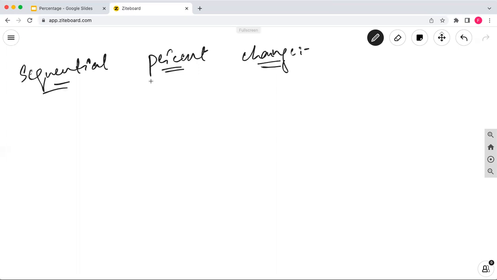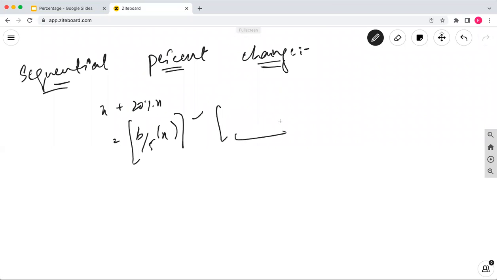For example, let's suppose x, and at first I'm increasing this by 20%, so this will be 6 by 5 of x. Now I am again increasing this result by another 20%, right? So the idea is that we are increasing or decreasing in a sequence.